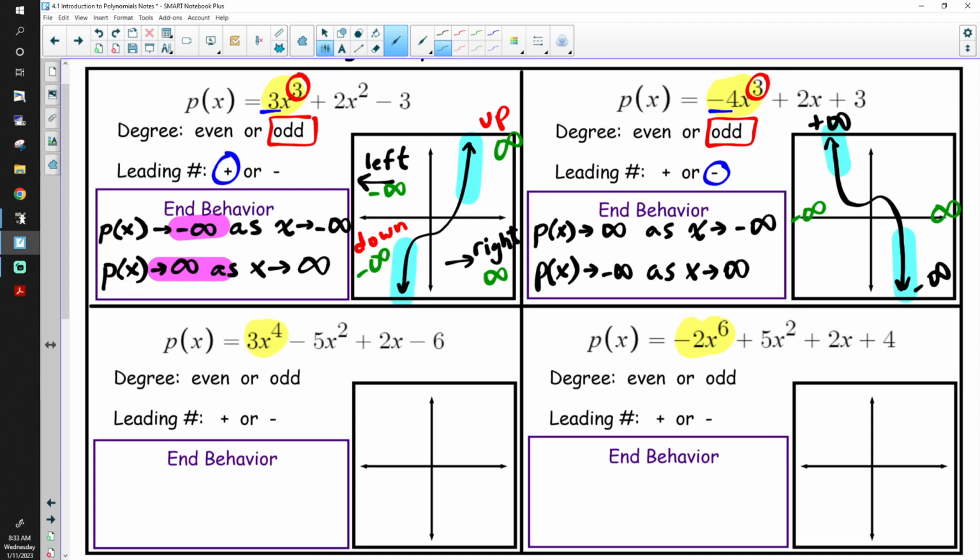But all this is saying is the polynomial is going down as we go towards the right side. As you go right, this polynomial goes down forever. As you go left, the polynomial goes up forever. That's what that says. Again, the only thing that's changing here is these are our end behaviors right there. The rest will stay exactly the same every time.